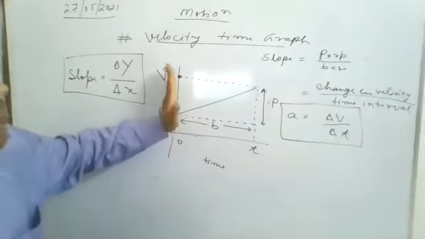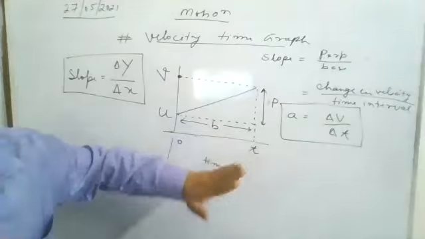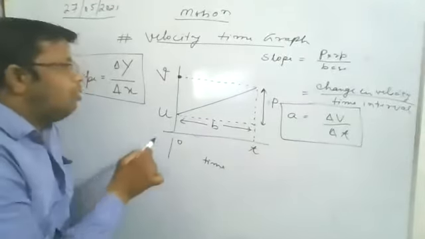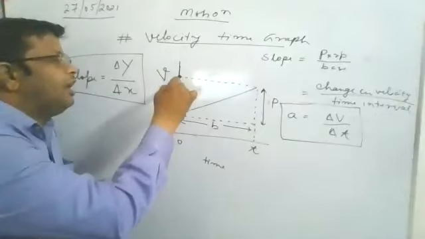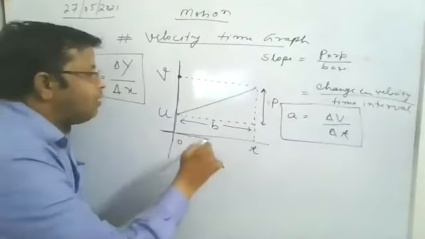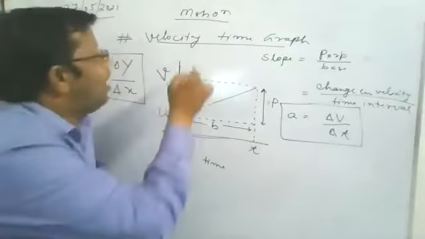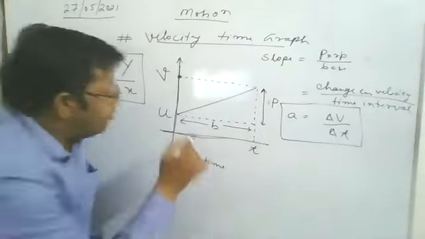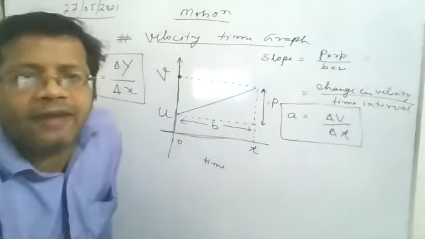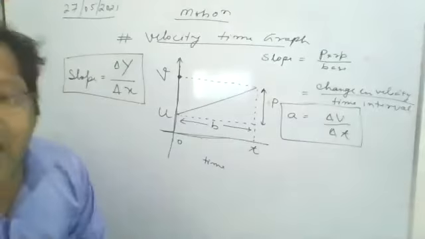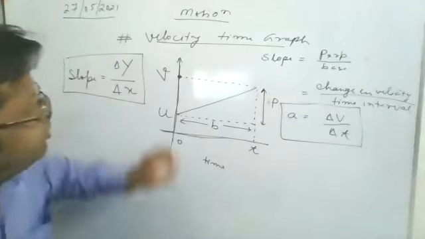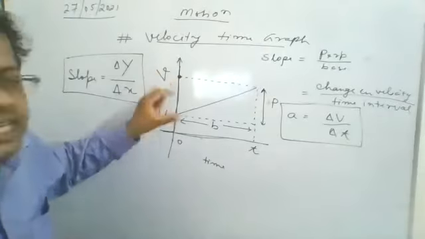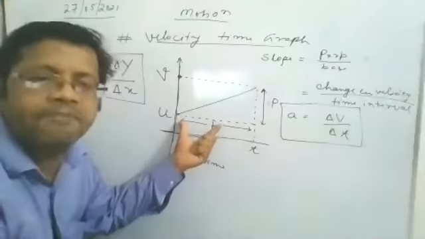Now, this graph is between velocity and time. Along the y-axis we have taken velocity, and over the x-axis we have taken time. So what we are observing is how much velocity changes in how much time.